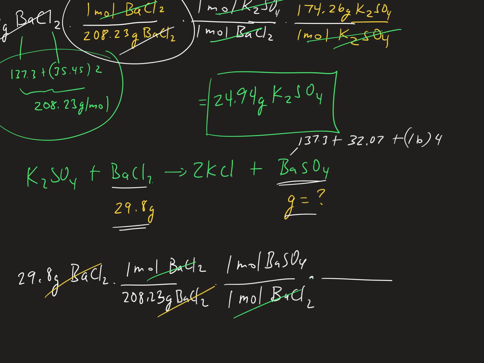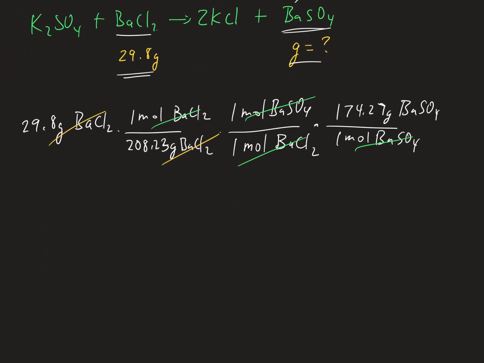No. What is it? 174.27 grams of barium sulfate to 1 mole of barium sulfate. That goes away. Multiply and divide, and what do we get, guys? 24.93? 94? Grams of barium sulfate.